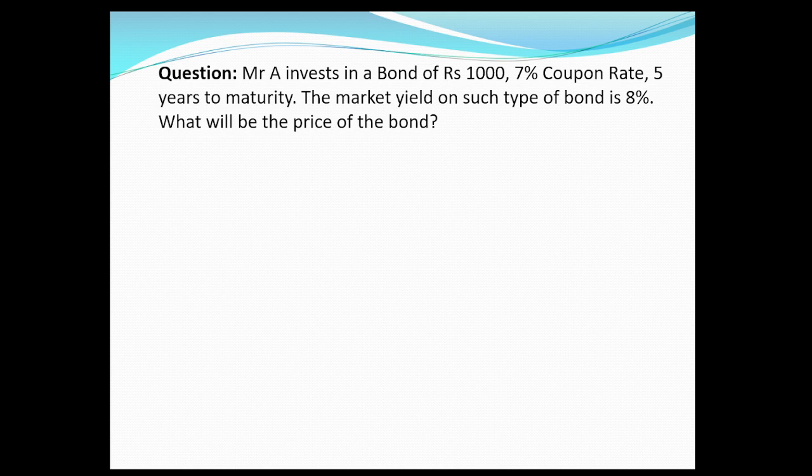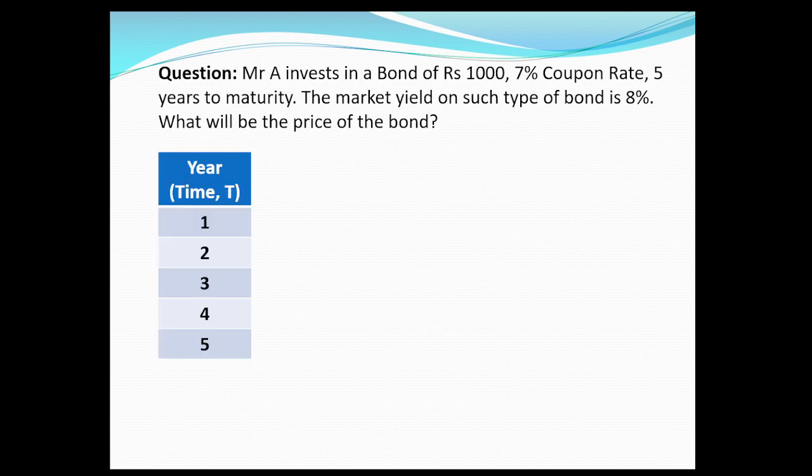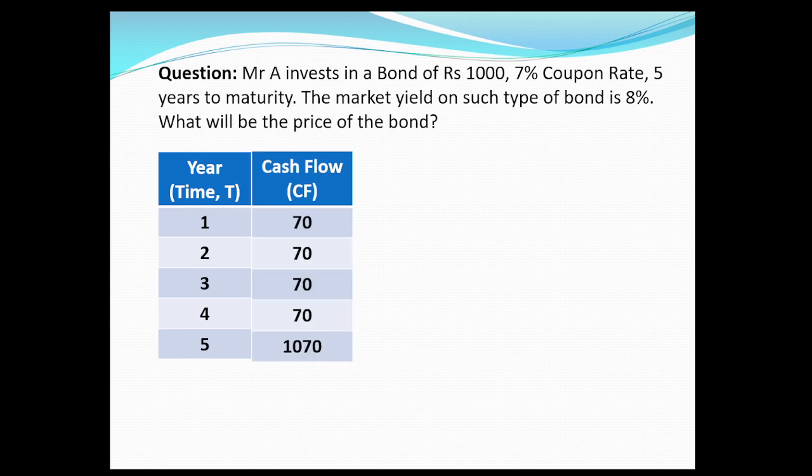To solve this type of question, we will prepare a table. In the table, the first column will be year, time t. Because the life of the bond is 5 years, I have written here 1, 2, 3, 4, 5. Then cash flow. In the first year, I will get 70 rupees as interest. 1000 is the face value of the bond, 7% is the coupon rate.